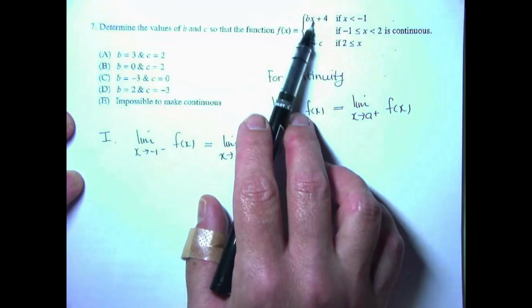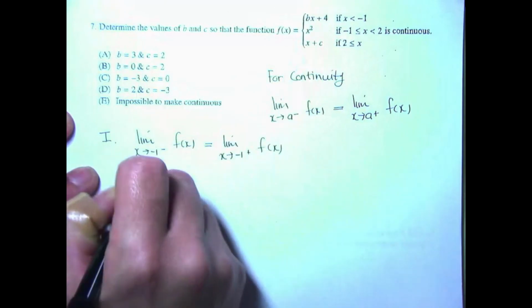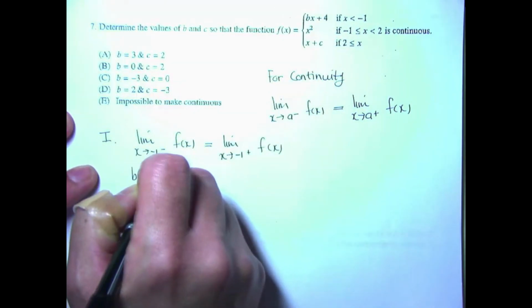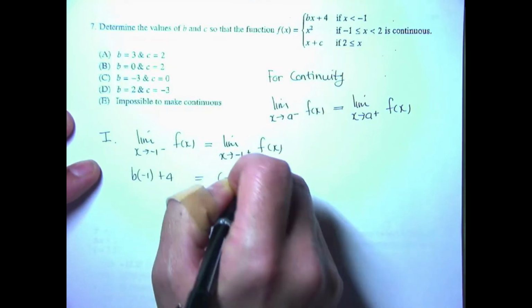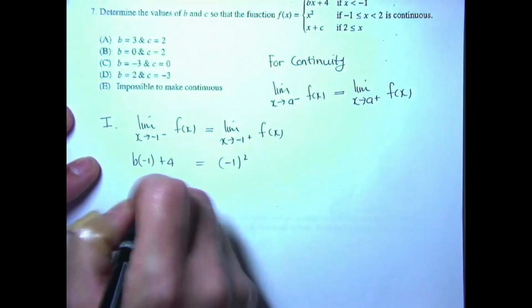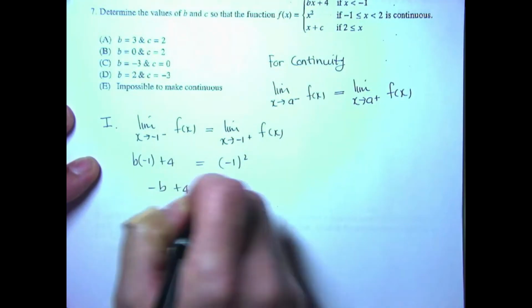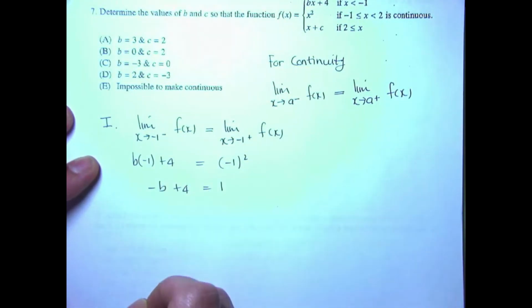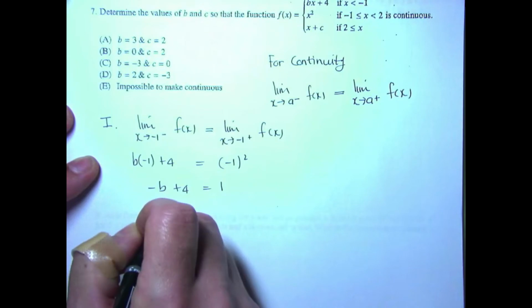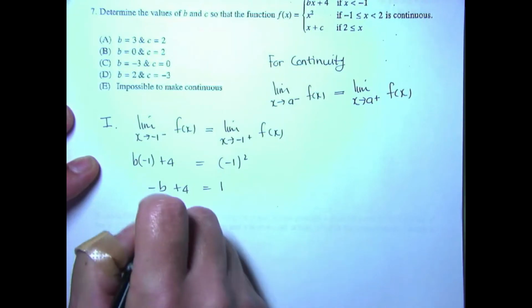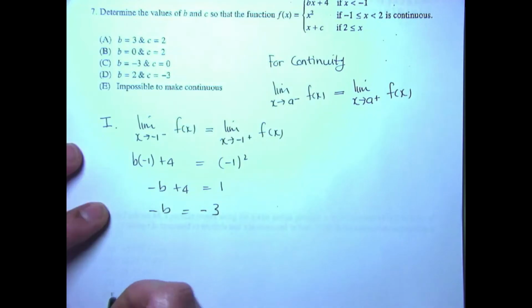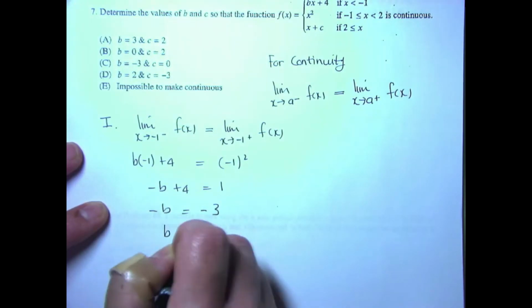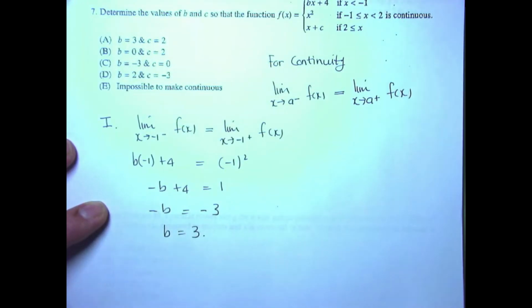So if we plug negative 1 in here, I will have b times negative 1 plus 4 will have to be equal to negative 1 quantity squared. All right, so this means negative b plus 4 is equal to 1. So therefore, negative b is equal to negative 3 if I subtract 4 from each side. Therefore, b has to be equal to 3.